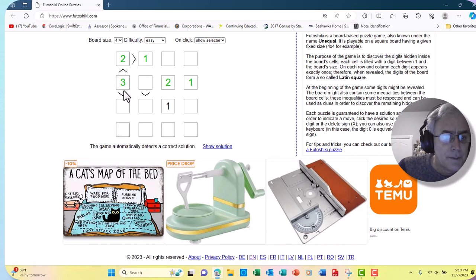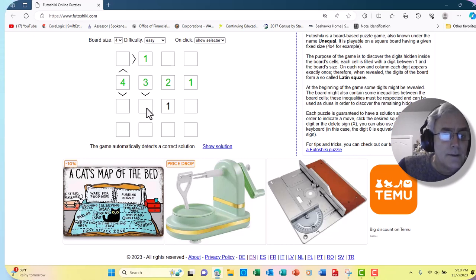Well, then that would require this one to be a 2 or a 1, you see? But if that's a 2, then there's two 2s. So that cannot be correct. So that means then that this had to be a 4. And then that means that this has to be a 3. Okay.